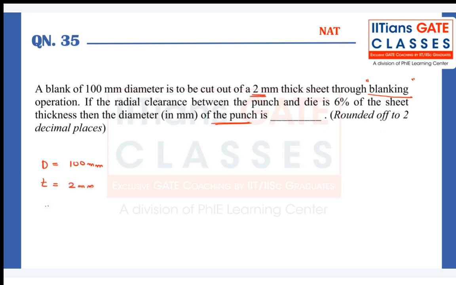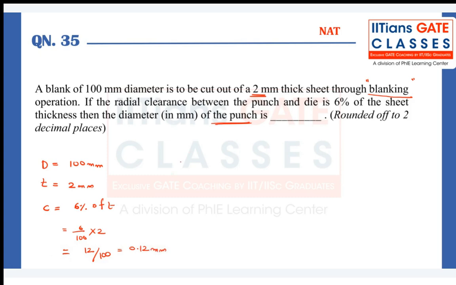Now clearance is 6% of sheet thickness, such that I can write it as 6 by 100 into 2. What do you say, guys? 6 by 100 into 2. Right. Now it is 12 divided by 100, so the clearance is 0.12 mm.